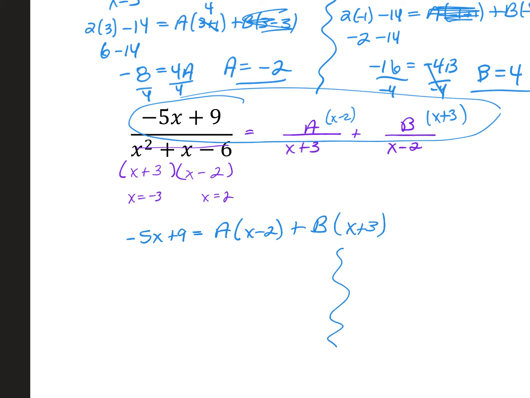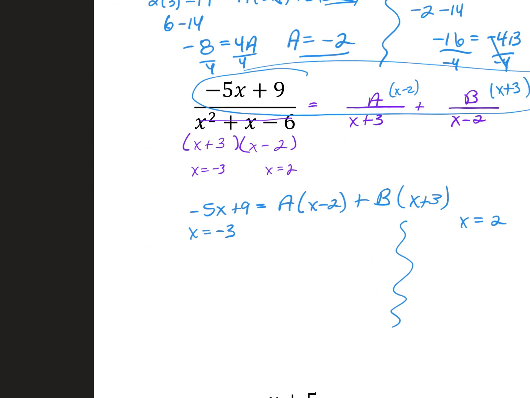I'm going to evaluate this 2 times, and I'm going to use x equals negative 3 and I'm going to use x equals 2. So let's do this. Negative 5 times negative 3 plus 9 equals a times negative 3 minus 2 plus b times negative 3 plus 3.